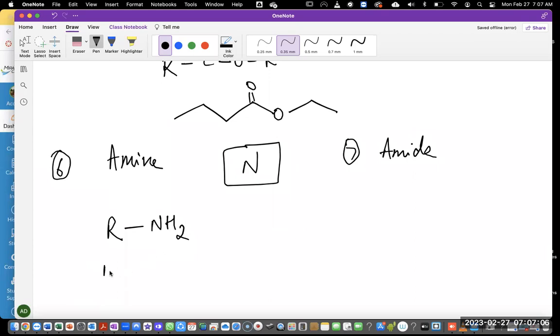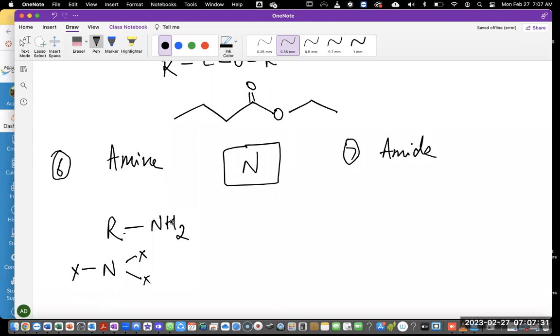Okay, keep in mind, nitrogen can make 3 bonds. I'm just putting X here to show you that there's something attached on the nitrogen. So nitrogen can make 3 bonds. If nitrogen is making 1 bond with a carbon chain, the side does not matter, then the other 2 are hydrogens.